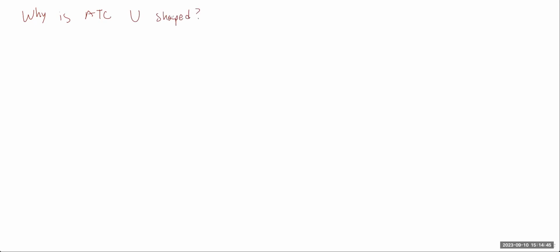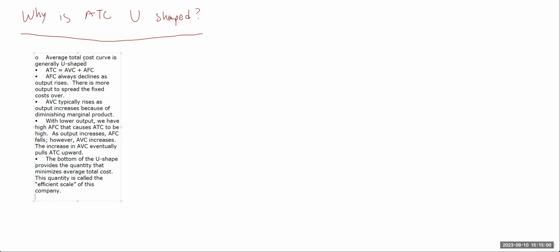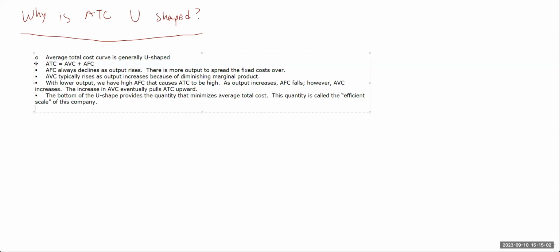Why is the average total cost curve U-shaped? That's because of the interaction between the average variable cost and average fixed cost.